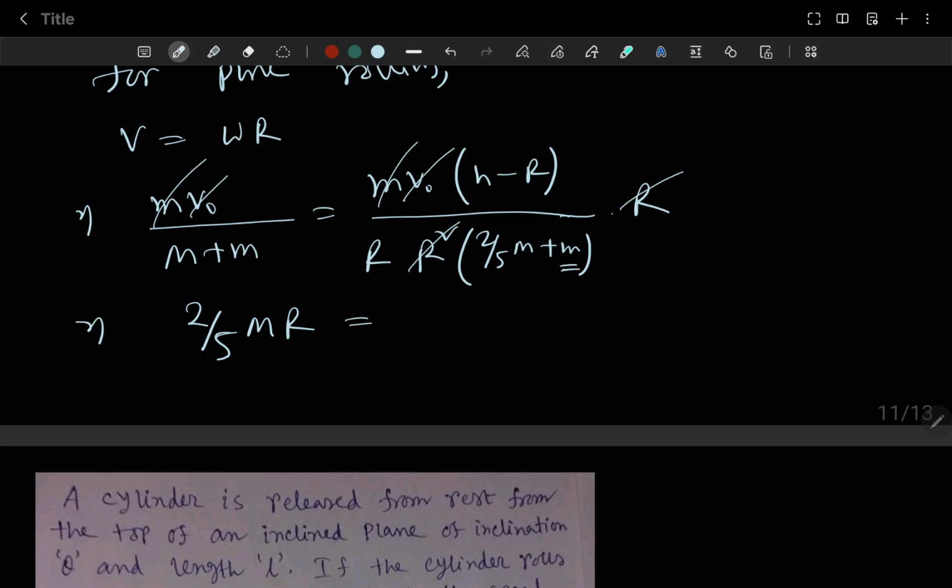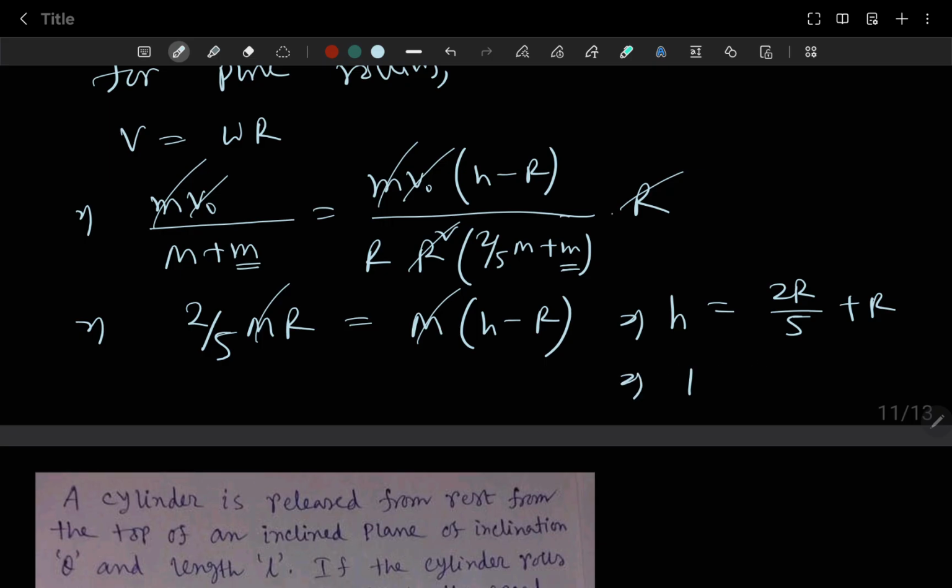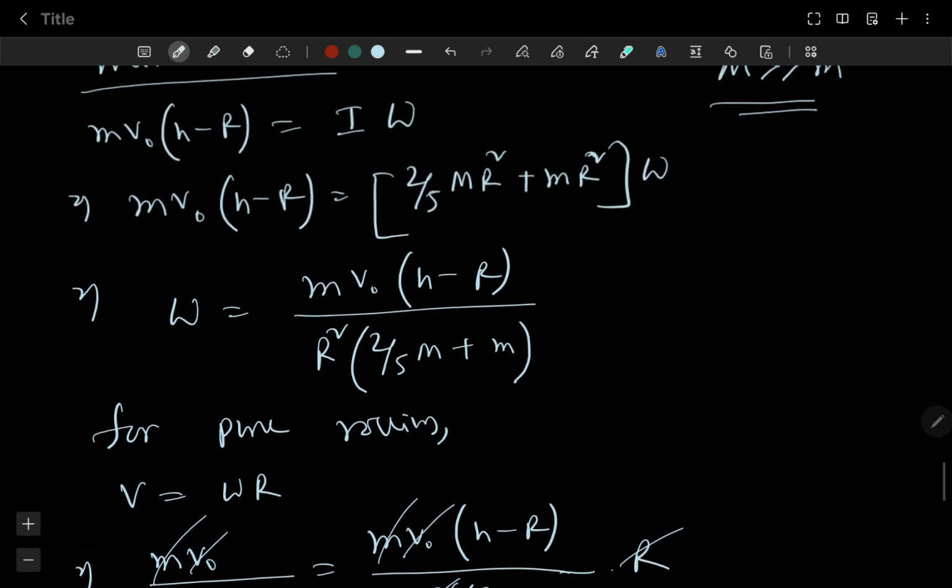So it is equal, now also neglect this small m. We will get M (h minus r). So cancel this M. Now we will have h equals 2r by 5 plus r. So it is 7r by 5. Okay, so this is the third answer.